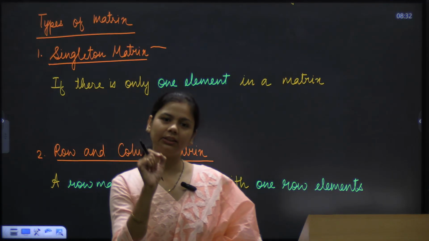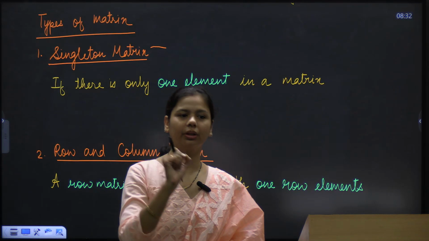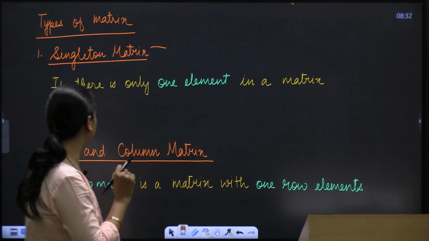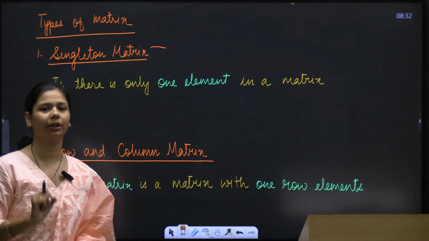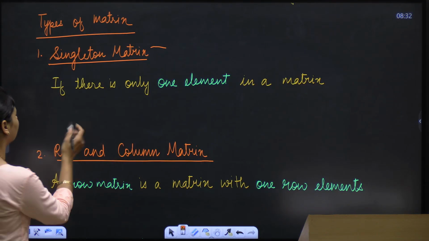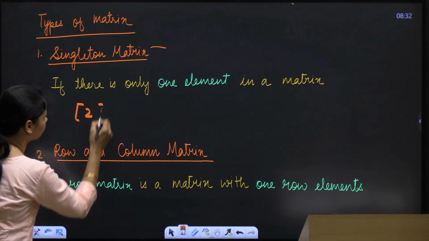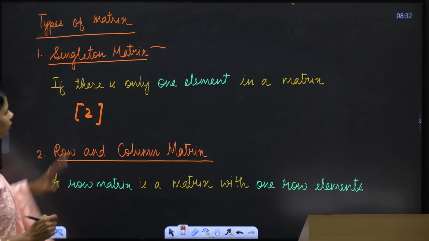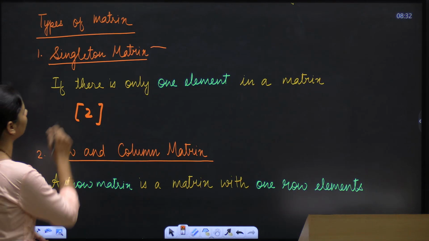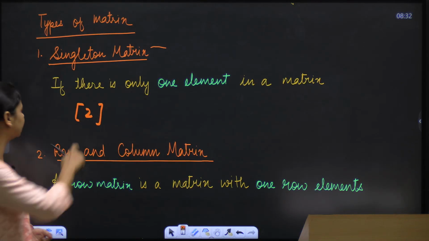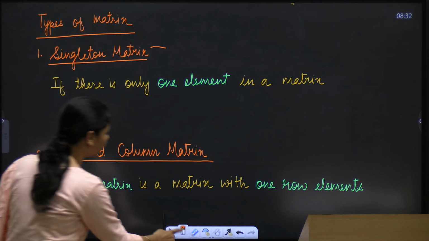Singleton, as the name says, means if there is only a single element in a matrix, like if suppose this is the matrix, then this is a singleton matrix, as in this matrix we have only one element.